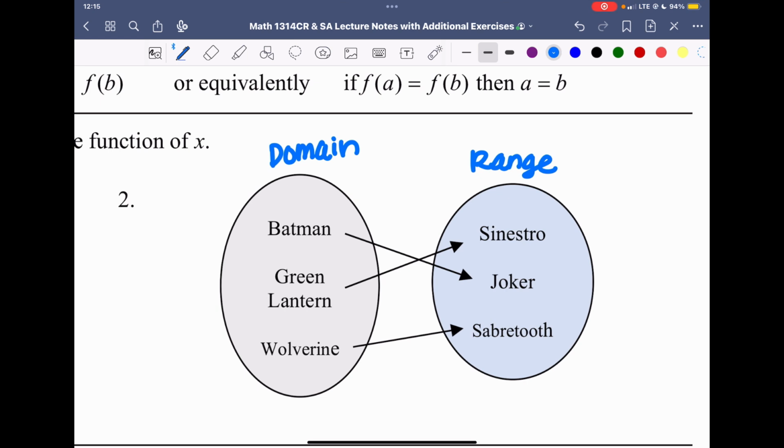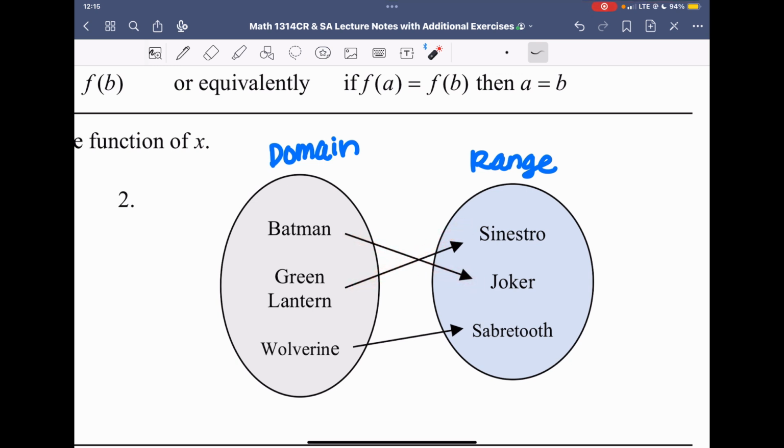Another way of doing this, again, is you don't want the same y to go to a different x. You want one y to one x. So let's see how this works out. So Batman goes to, right? These right here are your vigilantes, and then these are going to be like your troublemakers. So your Batman is going to go to Joker. Green Lantern goes to that.